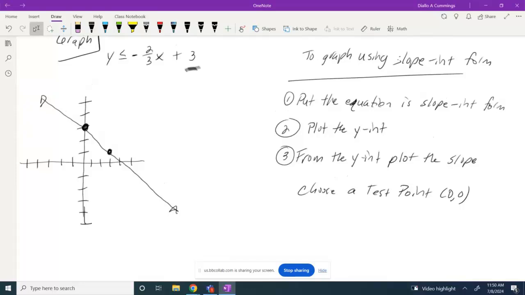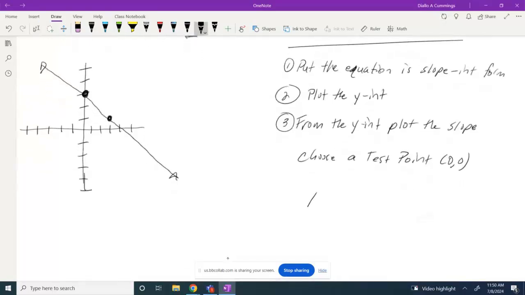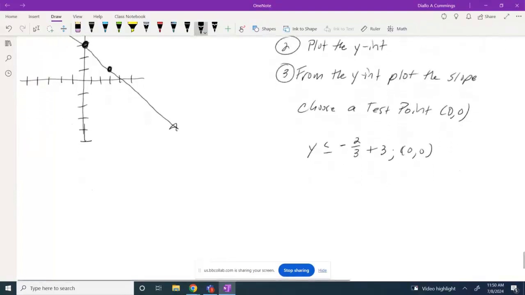So I'm going to go back to my original function, which is y is less than or equal to negative 2/3 x plus 3. I'm going to substitute in my test point 0, 0. And if my test point is true, I shade the side of the true test point. If my test point is not true, then I will shade the opposite side.